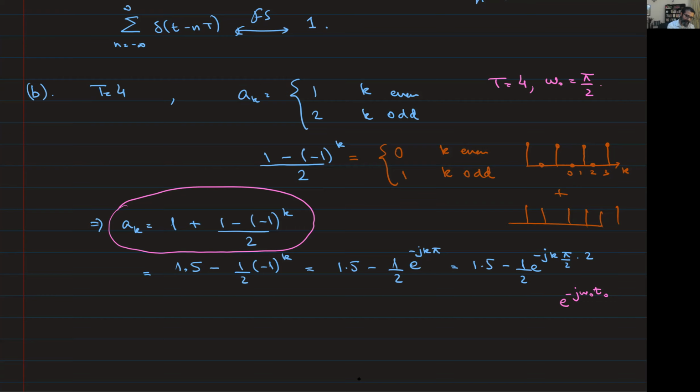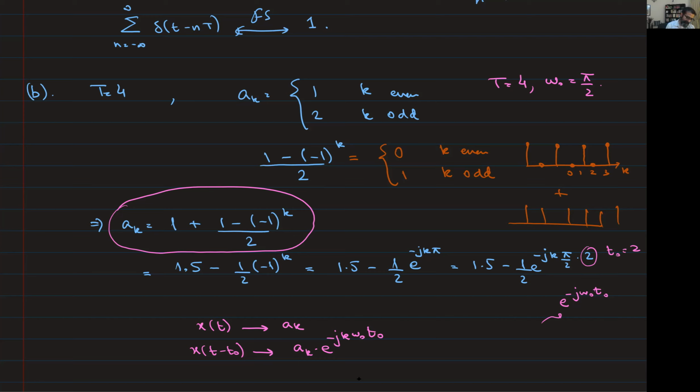Now I want to use the time shifting property of the Fourier series: if x of t results in Fourier series coefficients ak, then x of t minus t naught results in coefficients ak times e raised to power minus j k omega naught t naught. So I'm just trying to bring this into that form. Therefore this is t naught equals 2.